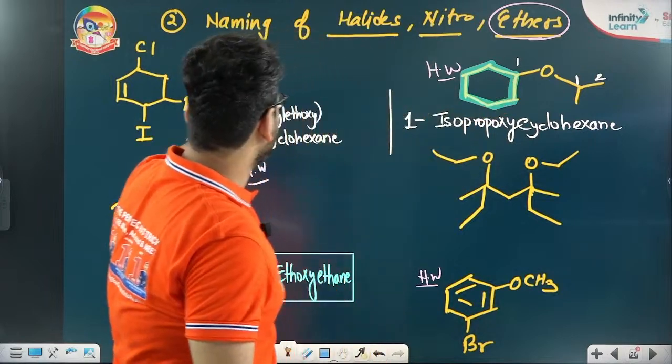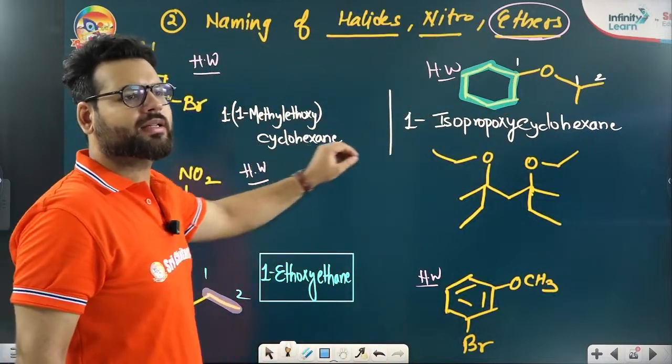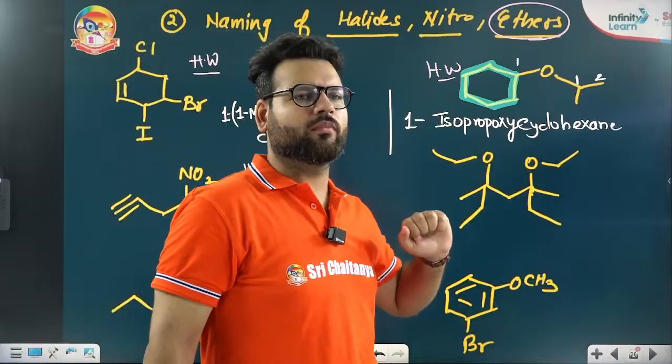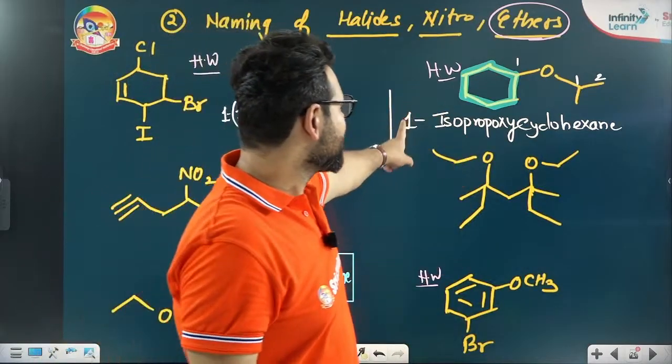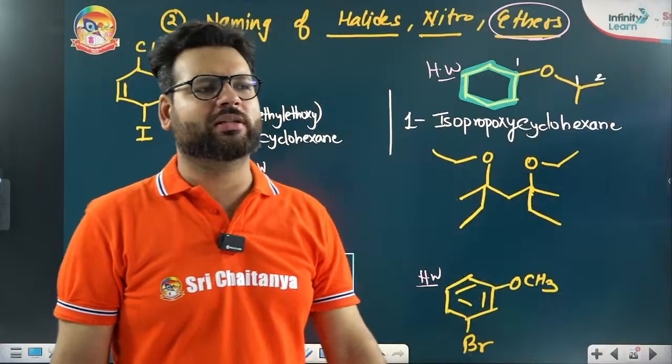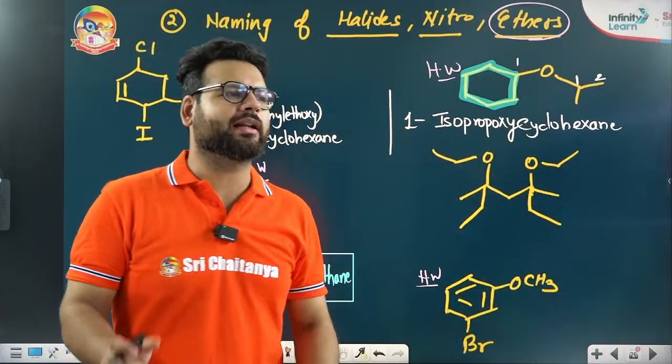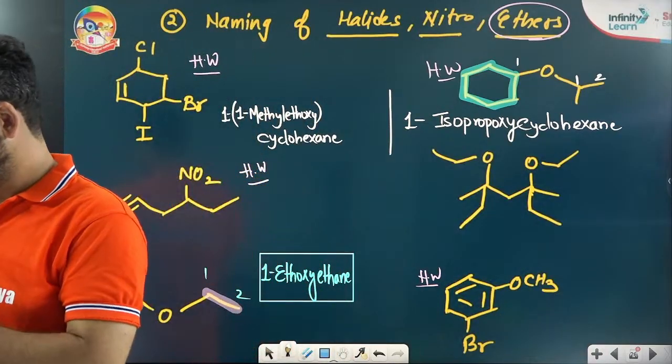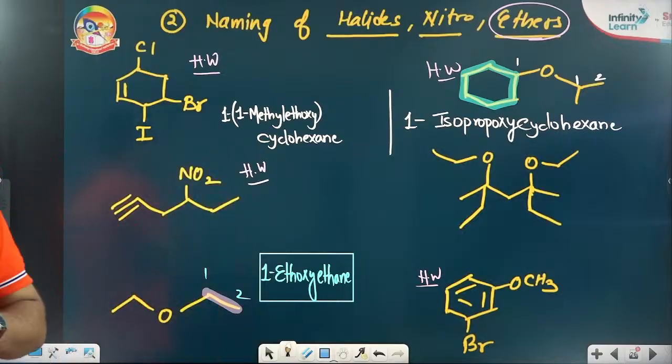So on first number there is 1-methylethoxy on a cyclohexane, or there is an isopropoxy on a cyclohexane. Clear? Quickly tell. Is this clear?